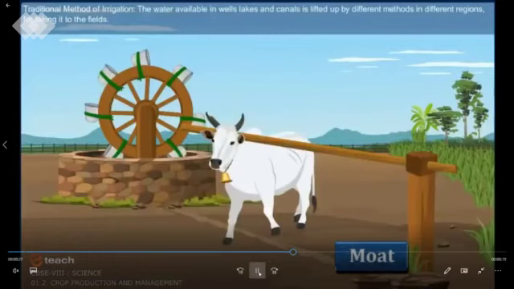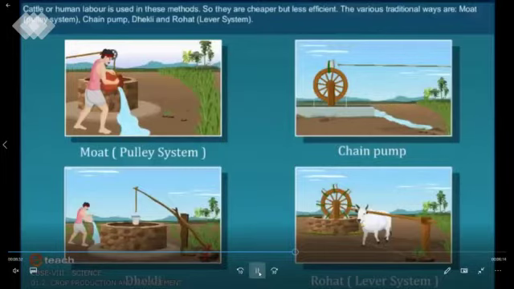In ancient agricultural irrigation practices, there is a lot of wastage of water and uneven distribution of water takes place. And it is very tedious and laborious work also.